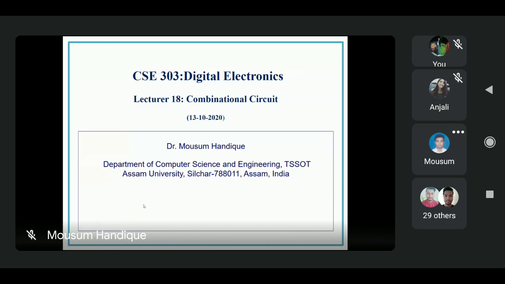Whatever we have discussed till now, that knowledge and those concepts we use when designing the combinational circuit. So lectures 1 to 17 are very important to build the basic knowledge, and we consider that knowledge when designing the combinational circuit.